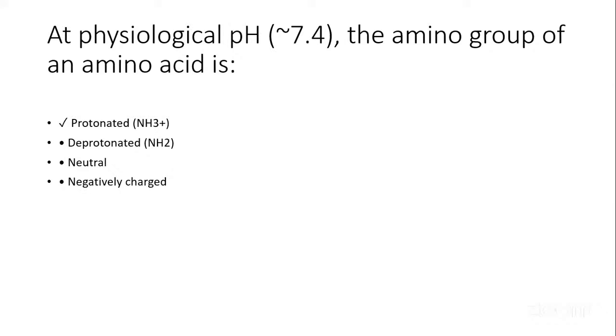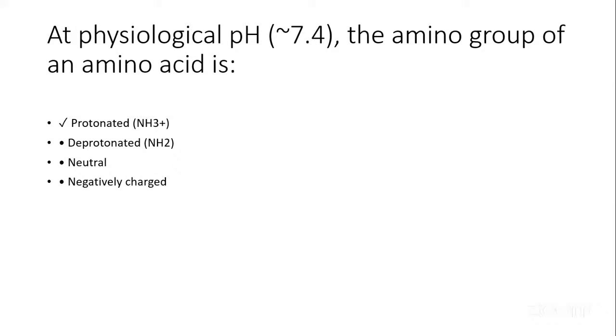Next question is, at physiological pH, which is a pH that is approximately 7.4, the amino group of an amino acid is dash. So we have four options: protonated, deprotonated, neutral, negatively charged.